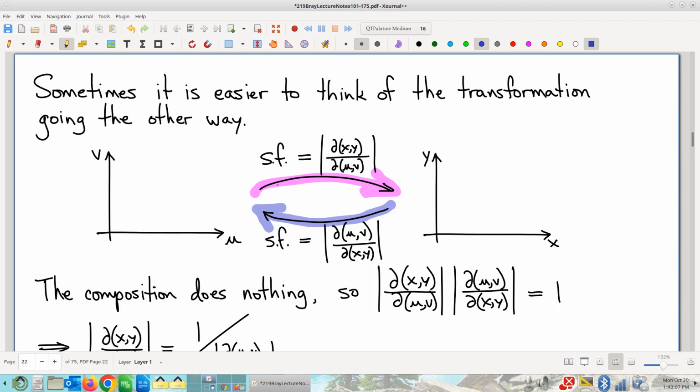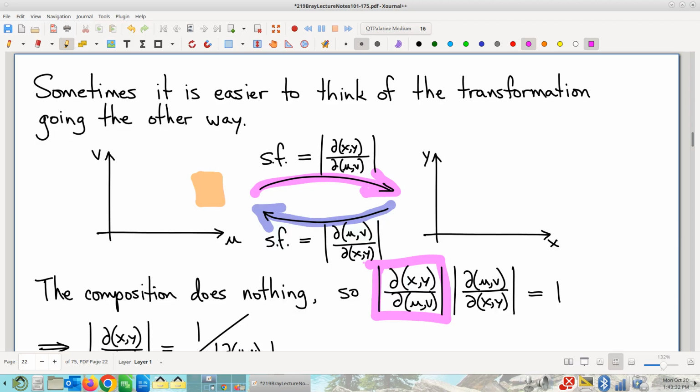It turns out there's a really simple answer to this question, because if I were to take some little region here in the UV plane, and now let's just imagine what would happen if I push that over here into the XY plane. Well, it's going to get stretched out by some sort of factor, and we know what that factor is. Right? Partial XY, partial UV.